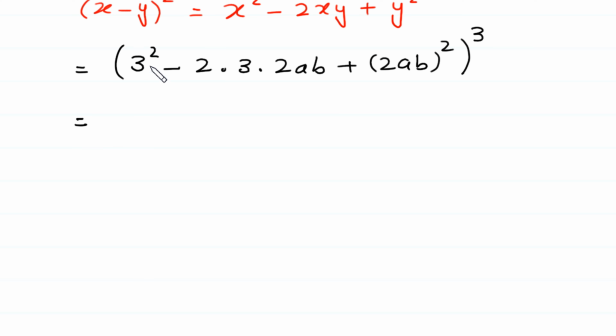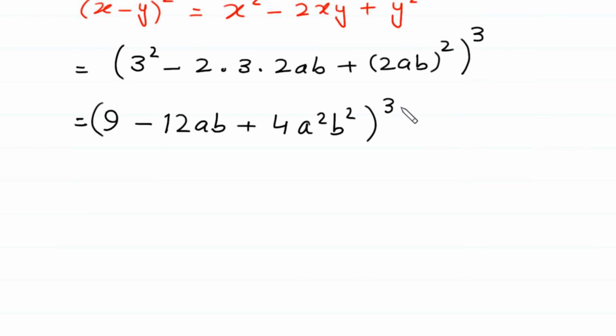Next, 3 square is 9 minus 2 times 3 times 2ab, 6 times 2ab, 12ab, plus 2 square is 4 and (ab) square, a square b square, and whole to the power 3.